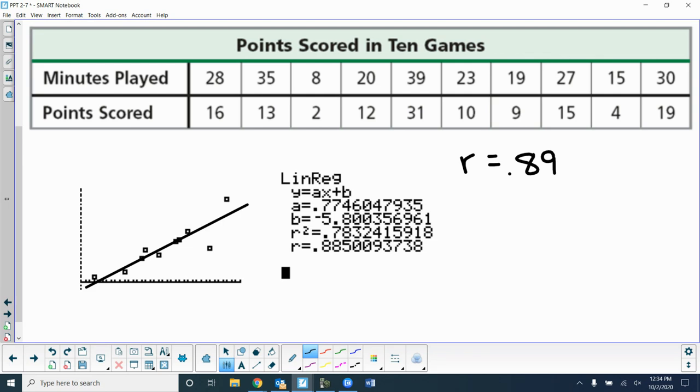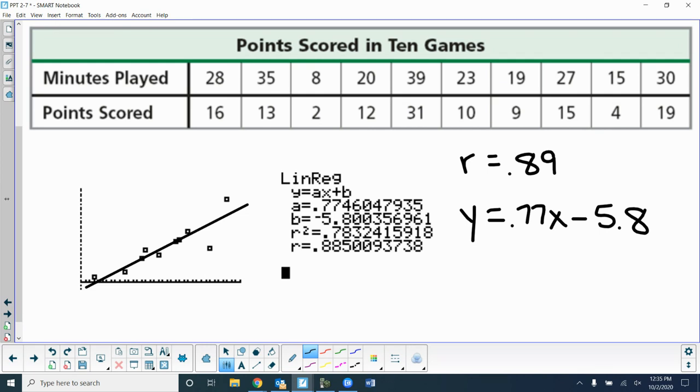MX plus B. So it's the same thing. This A value is my slope, and this B value is still my y-intercept. So you're just going to substitute those in. Y equals 0.77x, and since that's a negative 5.8, I'm going to put minus 5.8. That's my line of best fit, or my regression line.